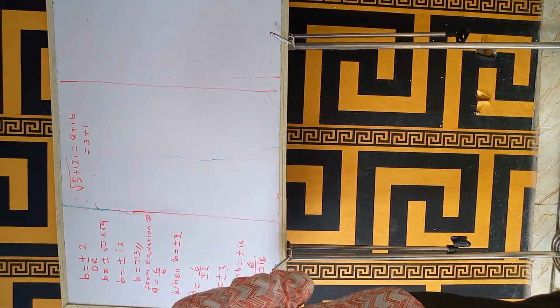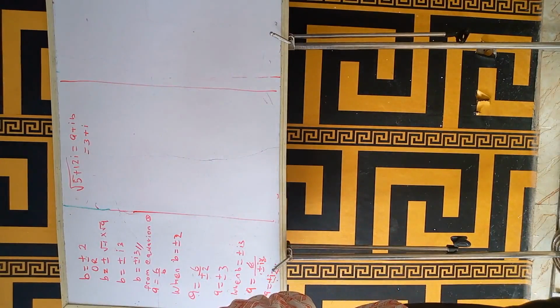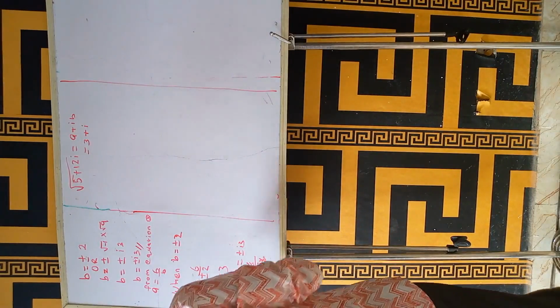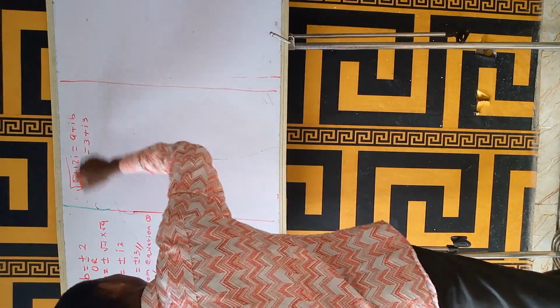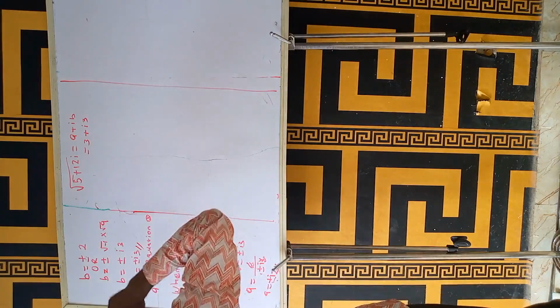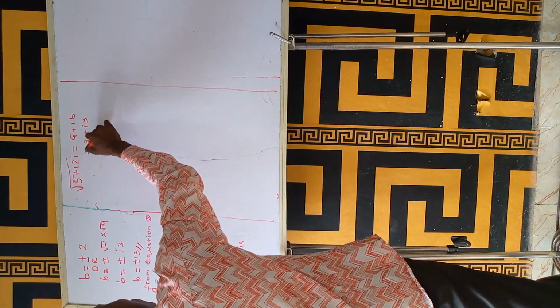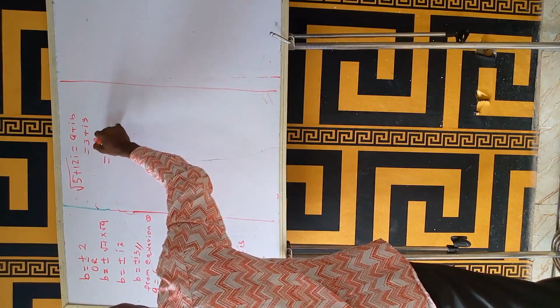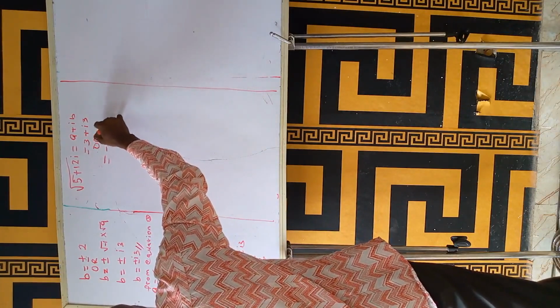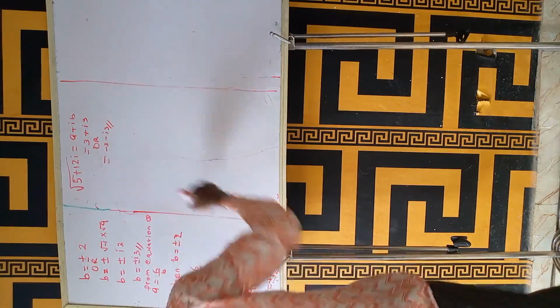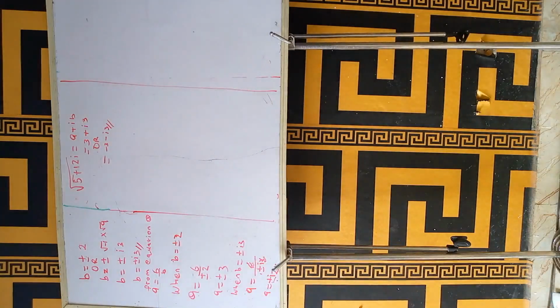My i will now be plus i3, or you can say minus 3 minus i3. These are all my answer. This is my answer. I think you are getting it.